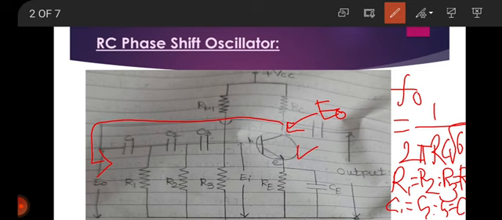This network produces a phase shift of 180 degrees, as we just saw in the working of this phase shift network. Therefore, voltage EI appears at its output, which is applied to this transistor amplifier.